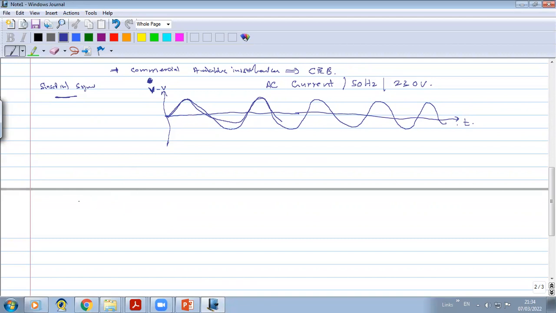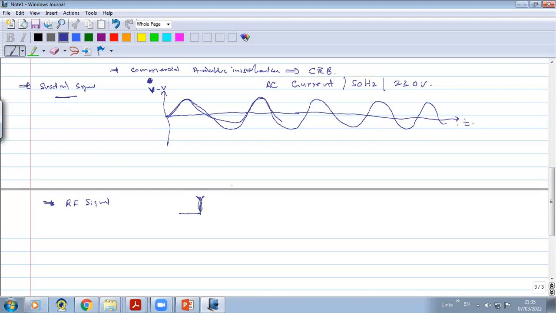This is one example of a sinusoidal signal, and another example is an RF signal. RF means radio frequency. If you want to transmit a signal through an antenna, you have to convert it to RF frequency, otherwise the antenna size will be very large.